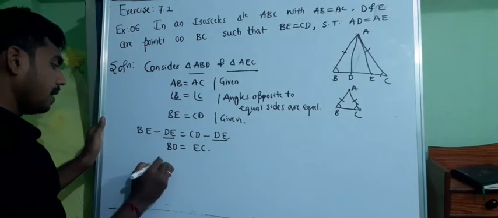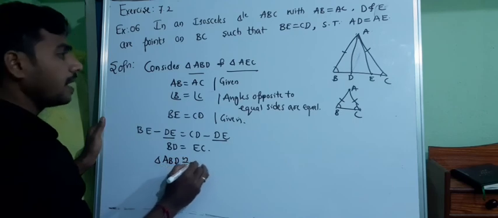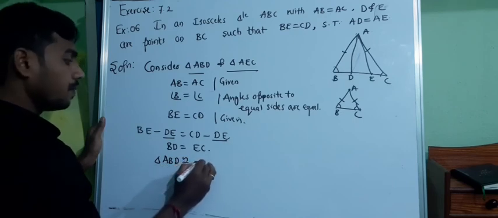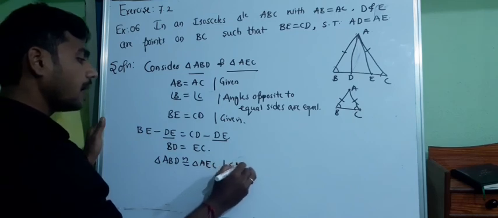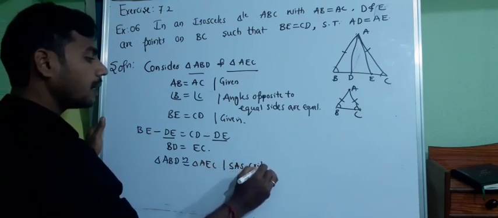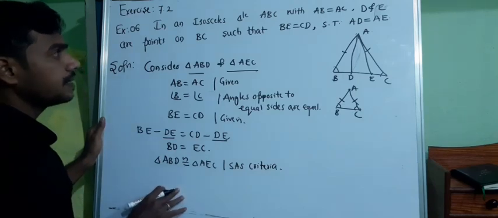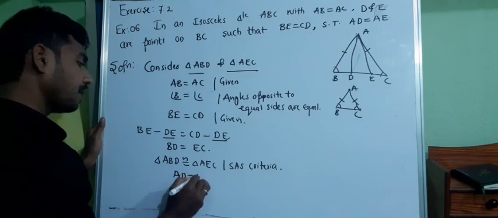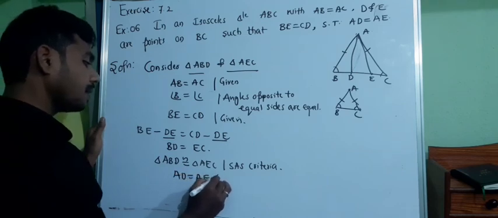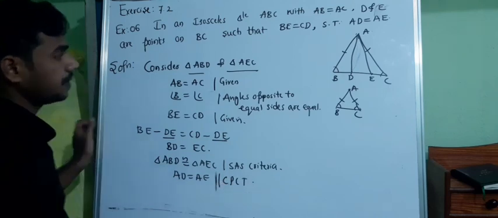So triangle ABD is congruent to triangle AEC. Why? Because SAS criteria. Now that is the reason AD is equal to AE. What is the reason? That is CPCT. That's it. Please note this down.